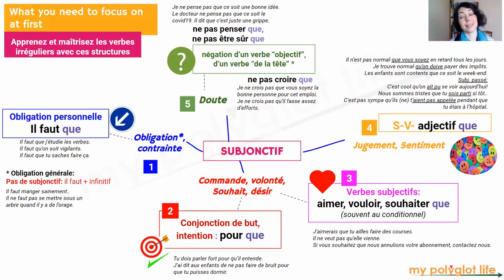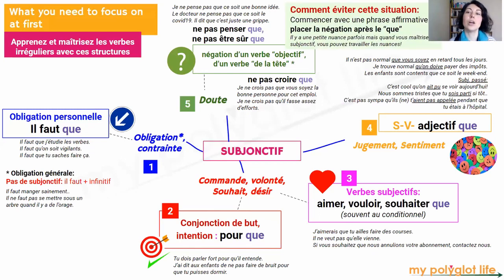Now, the good thing is that there's a way to avoid that: don't say je ne pense pas que and something affirmative. Start with je pense que and then put the negation in the second part, and then you can avoid subjunctive. Like, je pense que ce n'est pas une bonne idée.